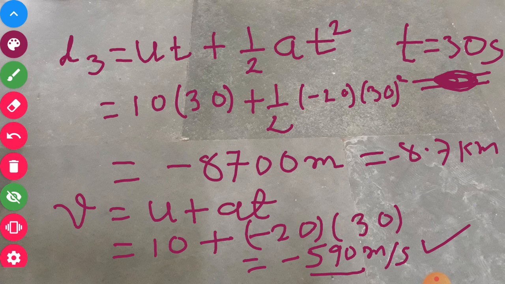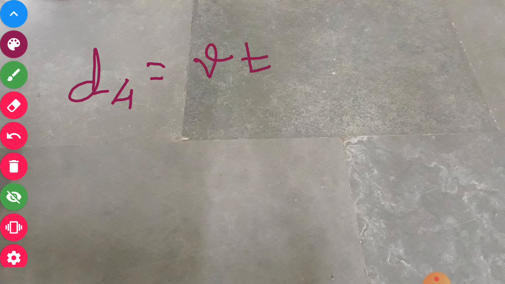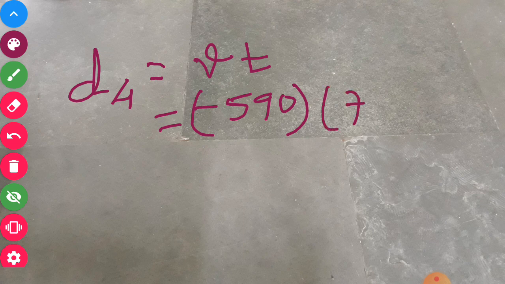Now we do not have to use the equations of accelerated motion, we can just use the simple equation: d4 is nothing but velocity multiplied by time. The value of velocity we got is minus 590, because it is moving in the negative direction, into the next 70 seconds. Distance is equal to velocity into time.